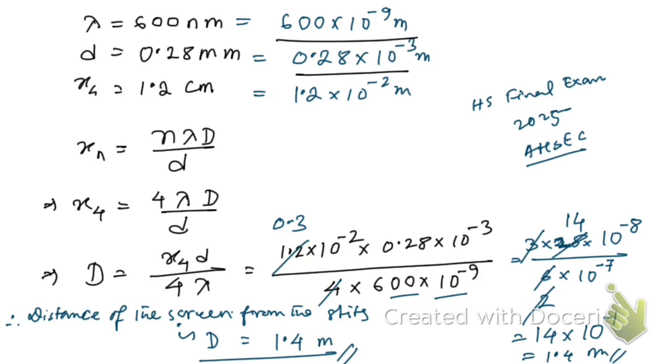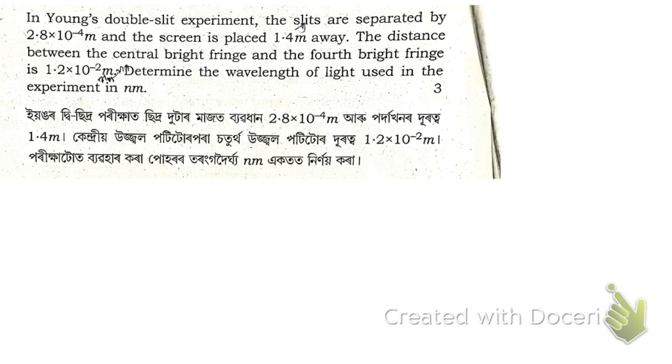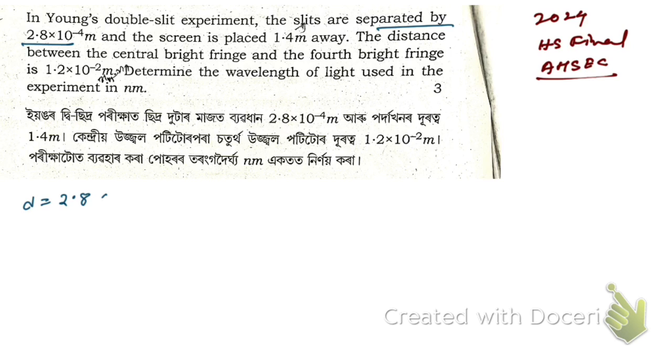So now let's move on to the next question. This was asked in 2024 AHS final under the Assam Higher Secondary Education Council, right? So now here you see, in Young's double slit experiment, slits are separated by this distance, that means small d is equal to 2.8 into 10 to the power minus 4 meter.